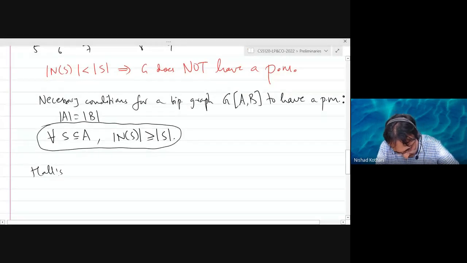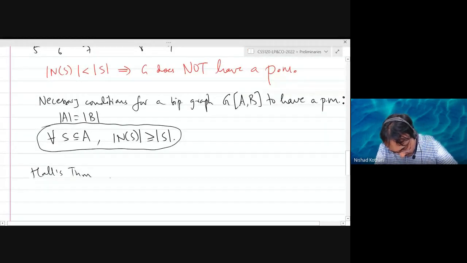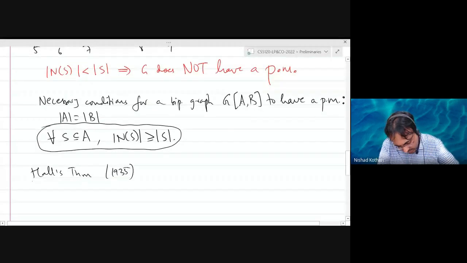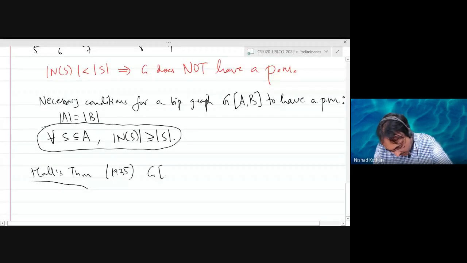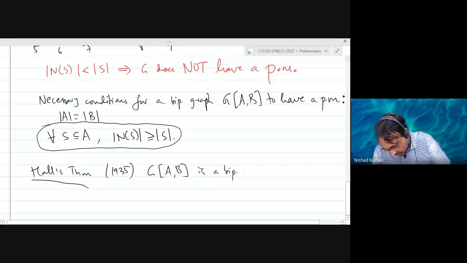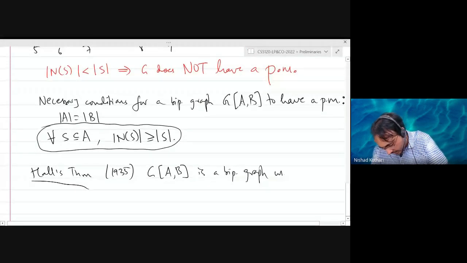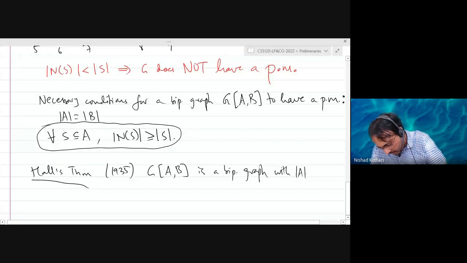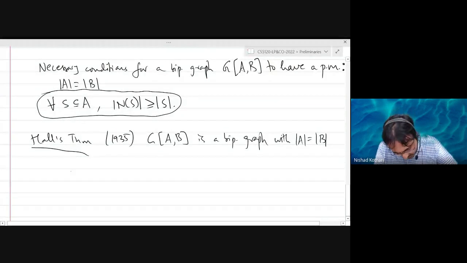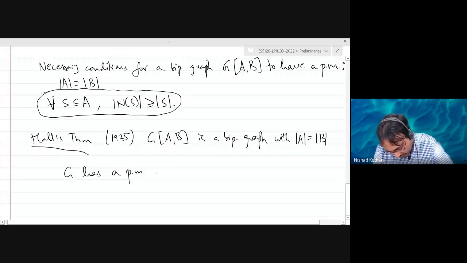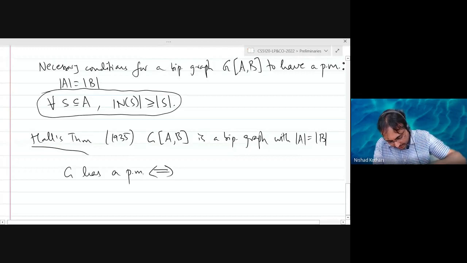So Hall's theorem from 1935 says that if G(A,B) is a bipartite graph with cardinality of A equal to that of B, because it is kind of an obvious necessary condition, then G has a perfect matching if and only if, I'll actually state it differently.